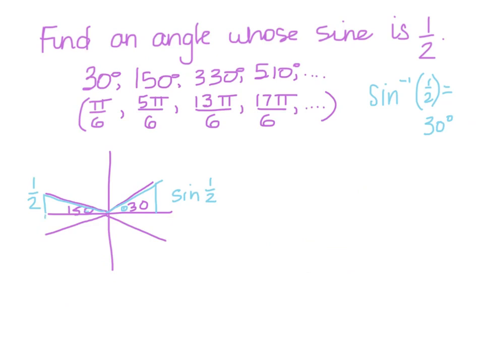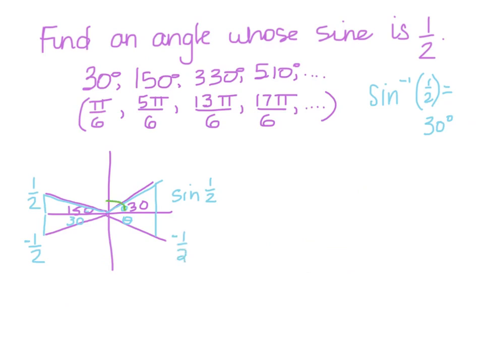Then this reference angle is also 30, but is its sine also 1/2? I know that this sine would be -1/2, and this reference angle would also have a sine of -1/2, but then I go all the way around.